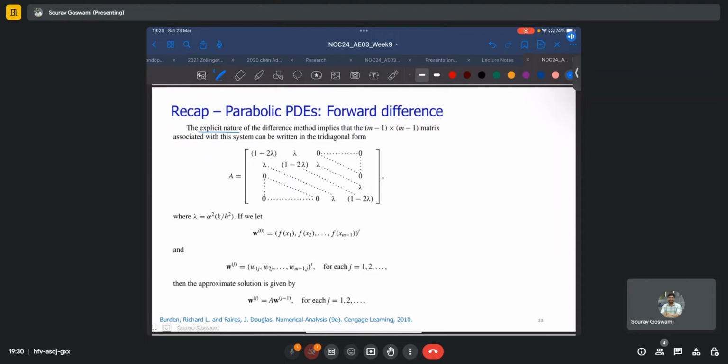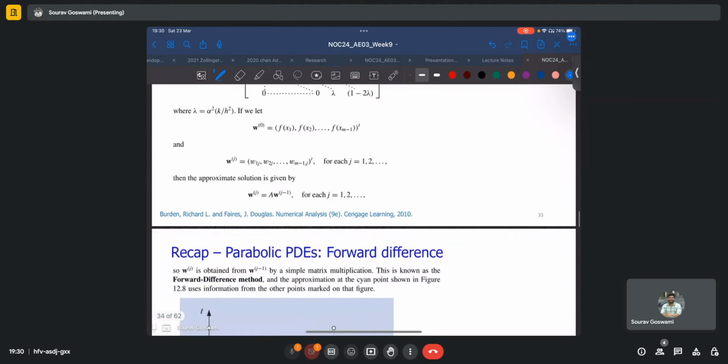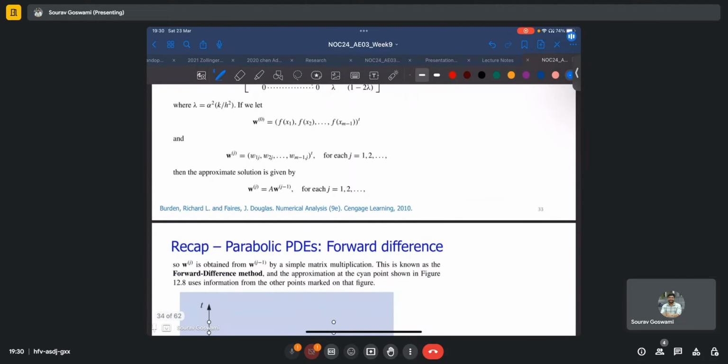However, in this case, it is explicit, and thus the solution can be incorporated into an (m-1) cross (m-1) matrix, which will be tridiagonal. And once we incorporate the initial condition w_0, the approximate solution can be obtained as w_j is equal to this matrix times w_{j-1}.